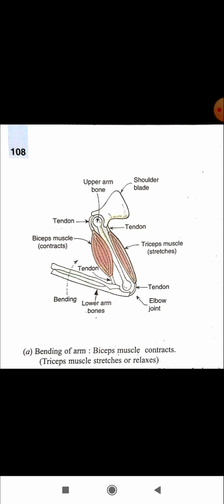The contraction of the biceps muscle pulls the lower arm bones, due to which the lower arm moves. The biceps is also called a flexor muscle because it flexes, bends the arm.